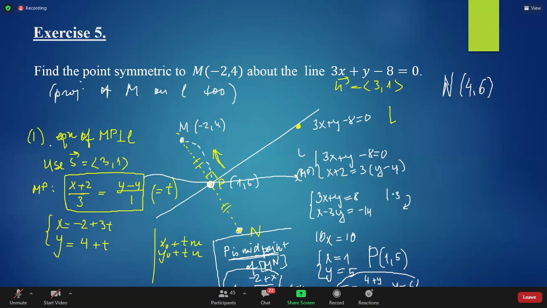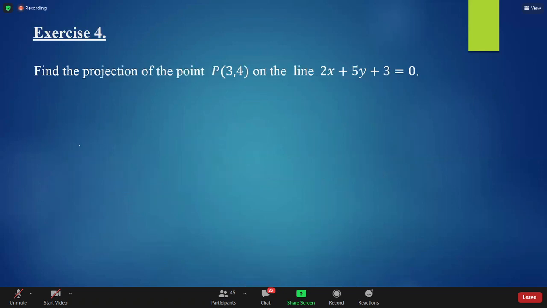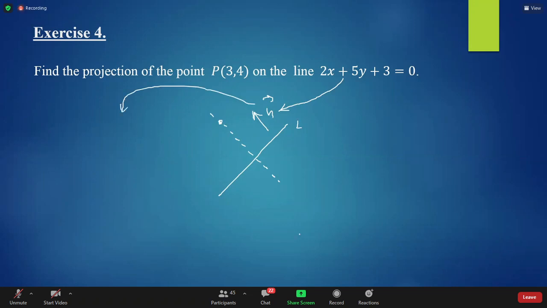Now let me check a little bit. So projection, this would be exactly the same thing, finding the projection. I will just remind you of the plan. So we have the normal vector from this line. For that other line, it will become the direction vector for the new line.